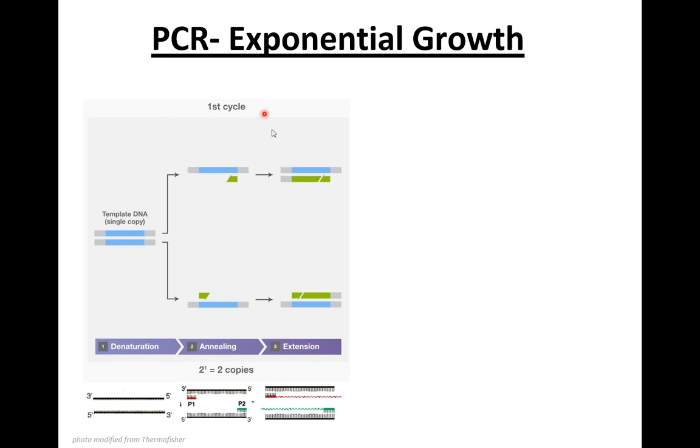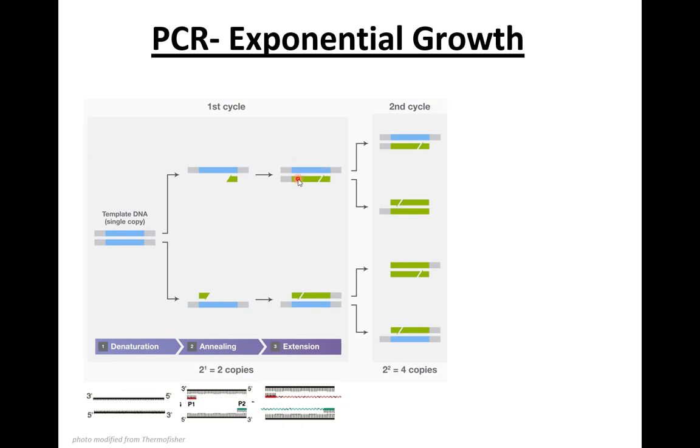So at the end of the first cycle, the first copy would have been duplicated into two different copies. Now, if you move on to a second cycle, so you go back to denaturation and then annealing again and then elongation again, now each of these two copies would open up and would act as a template for the primers to bind to, being elongated, and therefore these two copies would have become 4 of them.